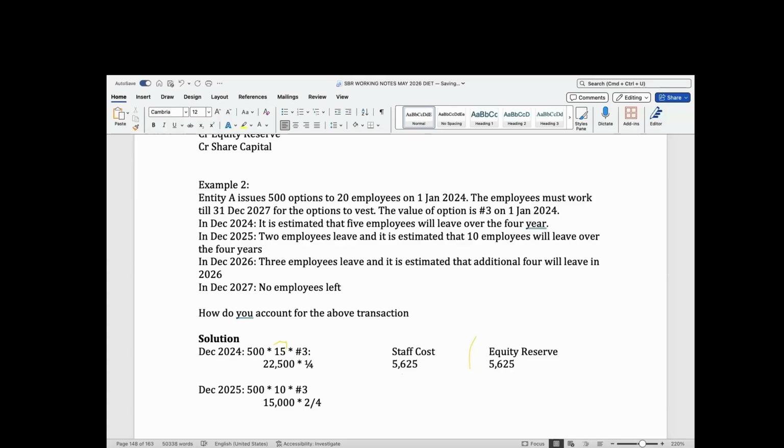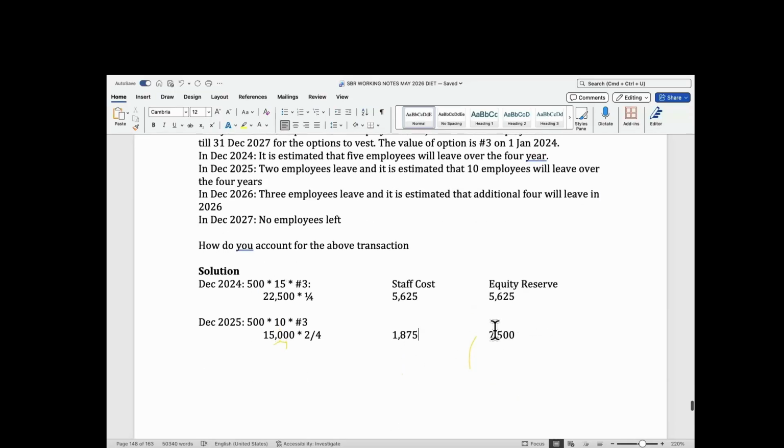So how much is this? 7.5. Okay, 7,500. That's the balance in my equity reserve. So how much are we expensing? Is it this? 1,875. Yeah. Like this? Yeah.